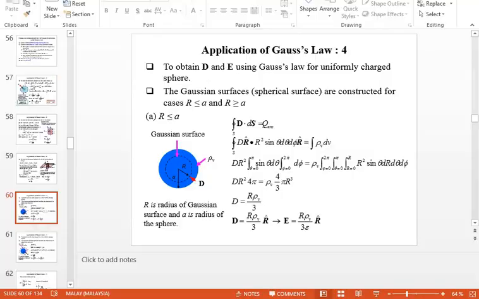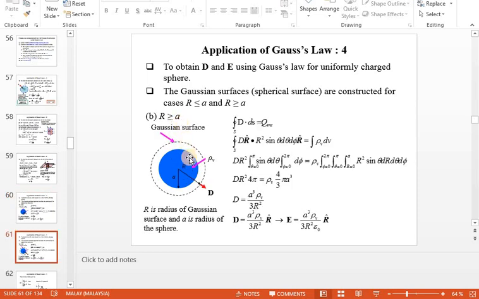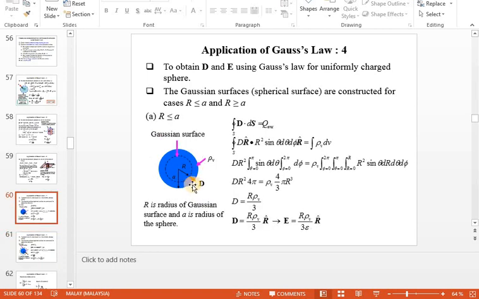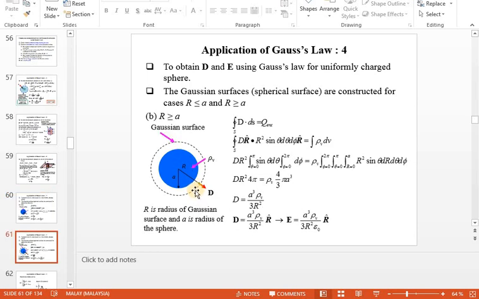Now we move on to the next one. This is when the R, the point where you want to find the electric field, is less than the radius of the sphere. Now we will move on to this case. Can you spot the difference? Just now we are here. Gaussian surface has been moved outside the sphere, right?